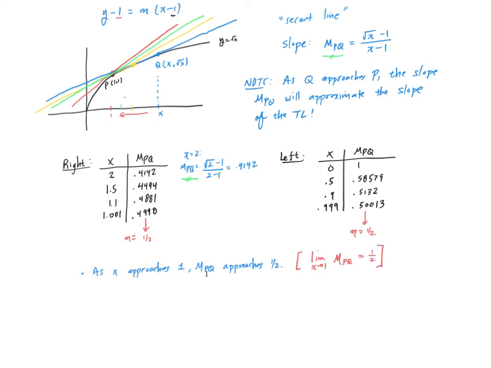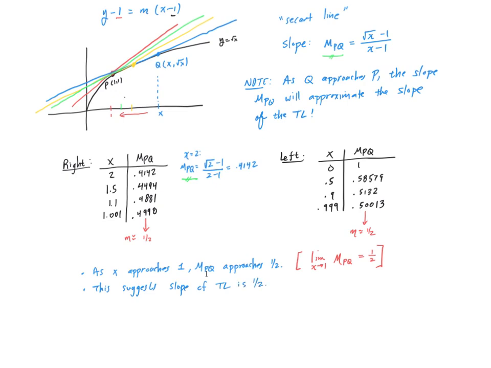So at this point, we don't know with 100% certainty what the slope of that tangent line is going to be. But what we have seen is our above work suggests that the slope of the tangent line is 1/2.